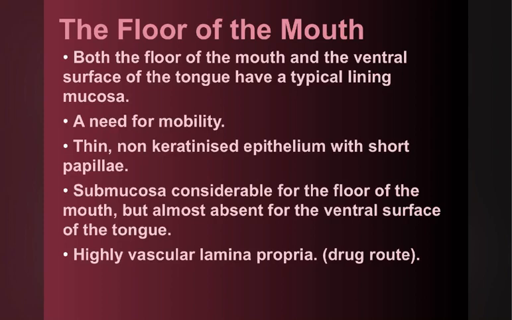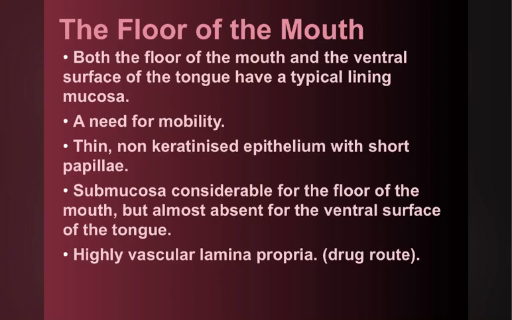The floor of the mouth has thin non-keratinized epithelium with short papillae. The submucosa of the floor of the mouth is considerable, but almost absent for the ventral surface of the tongue. We don't have submucosa in the region of the ventral surface of the tongue, but we have considerable submucosa in the floor of the mouth region.